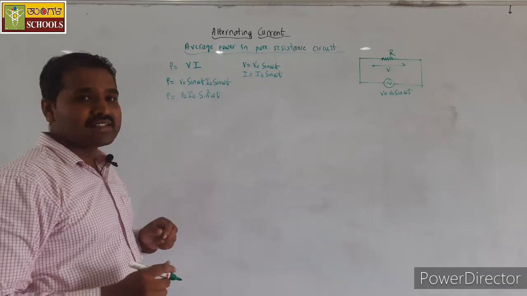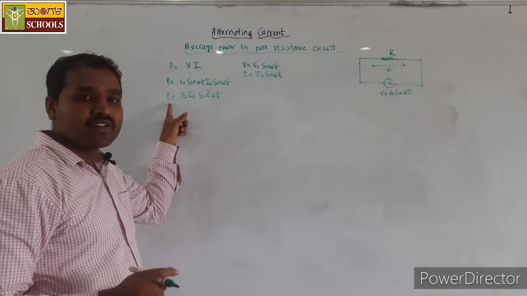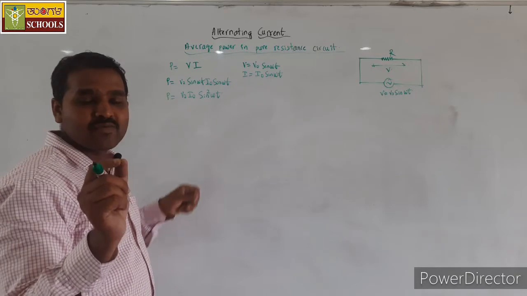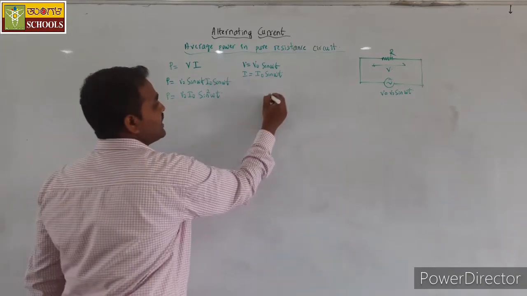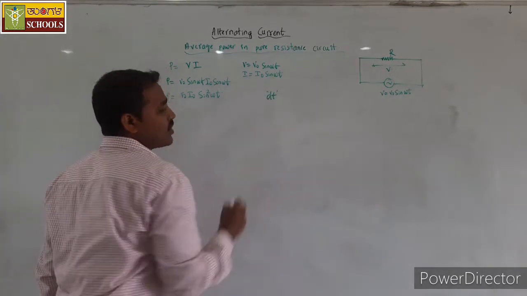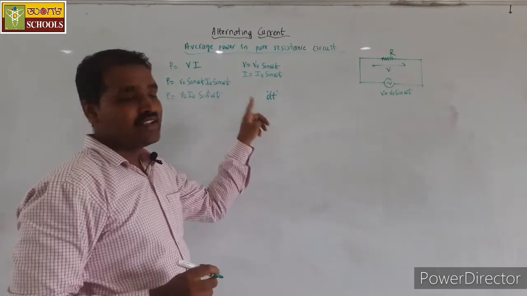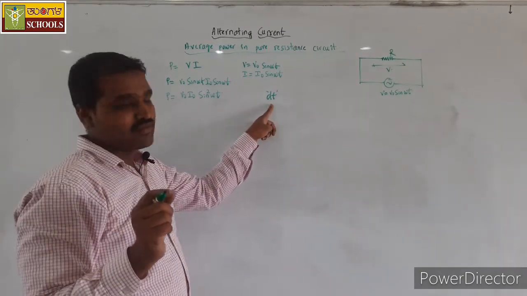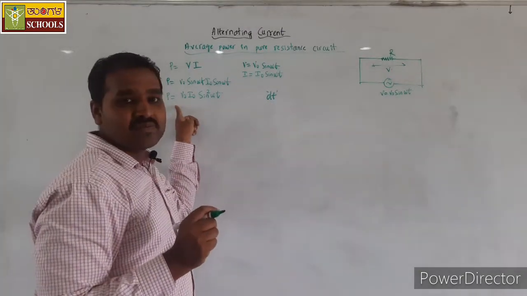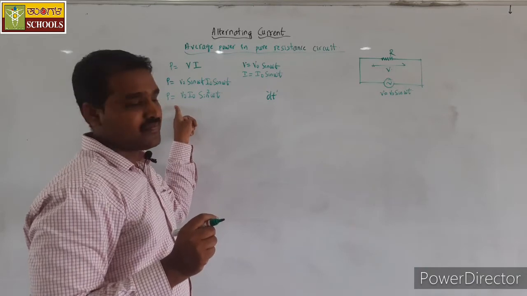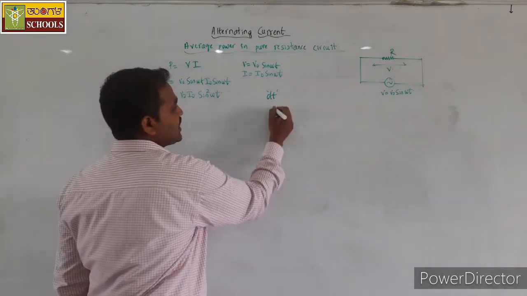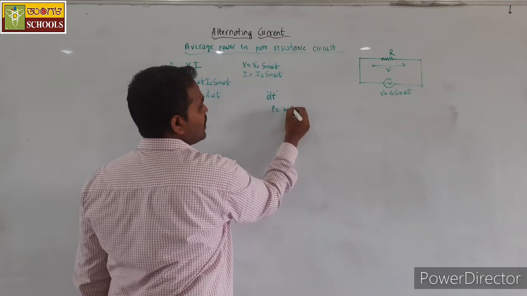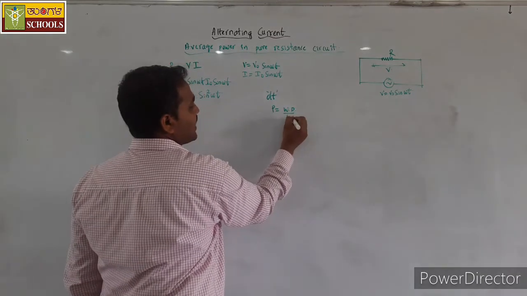Let us consider this power remains constant for a very small duration of time dt. So, for that very small interval of time, let us assume this power is remaining constant. By the basic definition, power is equal to what? Work done divided by time taken.